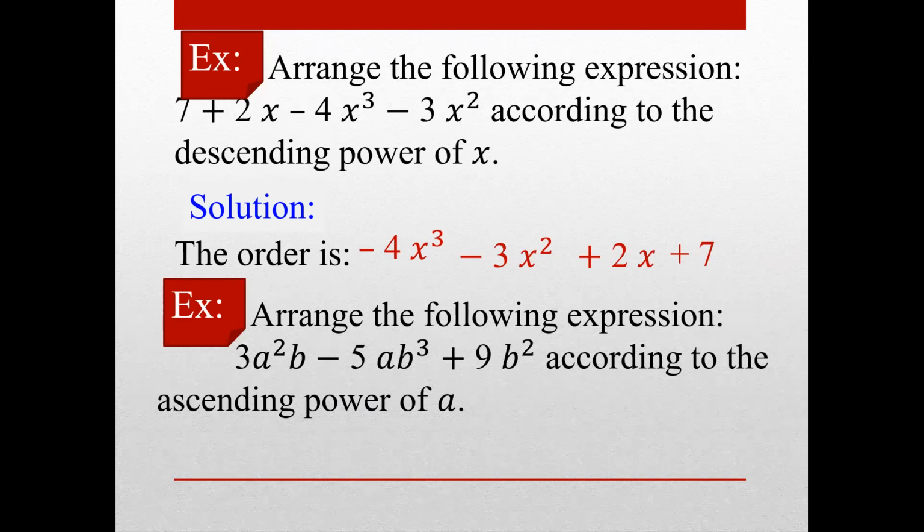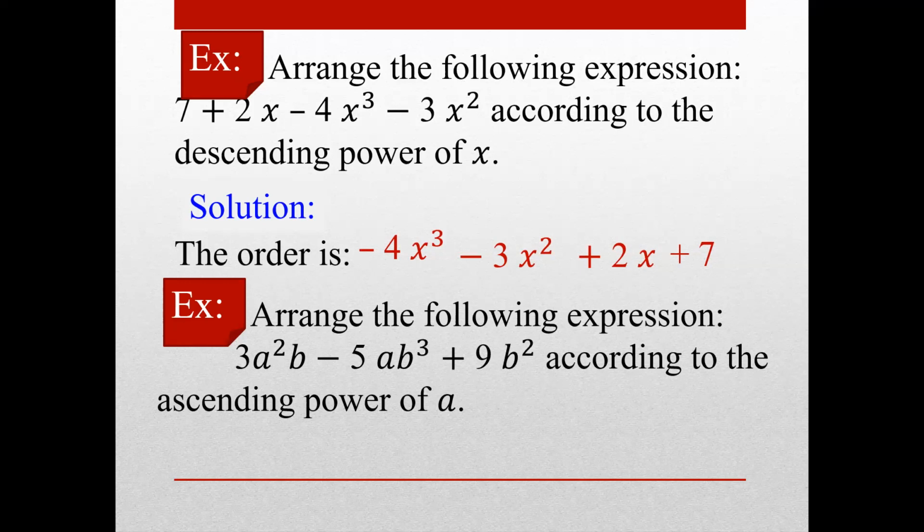Where's a? A here with the second power, a here with the first power, but a here with the zero power. We know that any factor with the zero power equals 1. So a in the last term is a power 0, so it's the smallest one.